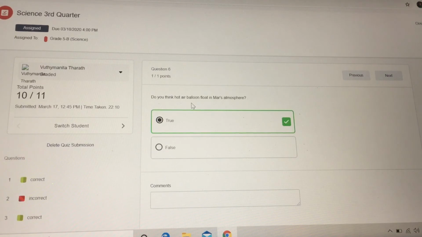But if you put the hot air balloon in Jupiter, we know that Jupiter has no surface, unlike Mars, because Jupiter is a gas planet, but it has a core.